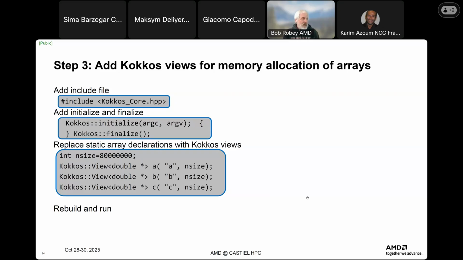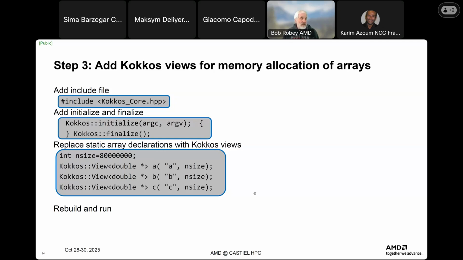Then we create Kokkos views, which is their syntax for creating arrays. And you can name these arrays, which is kind of convenient if you're debugging. In this case, we're showing a single dimensioned array, but you can allocate multi-dimensional arrays as well.